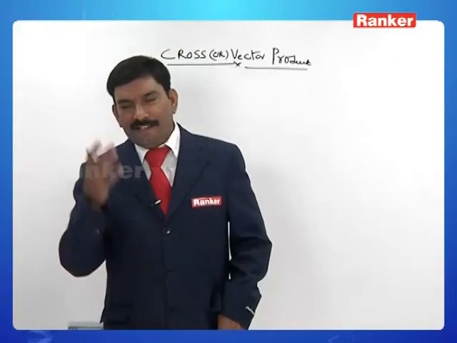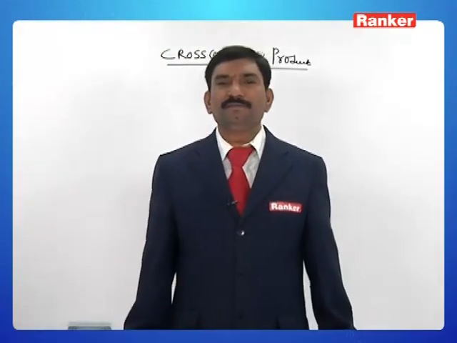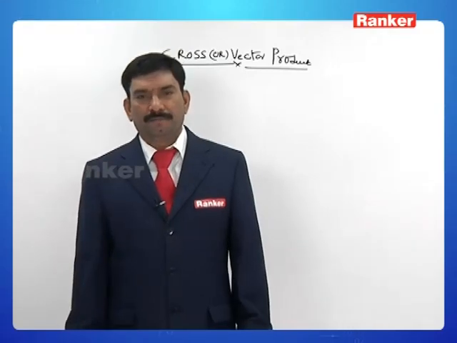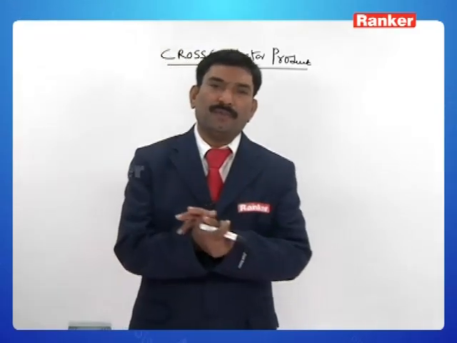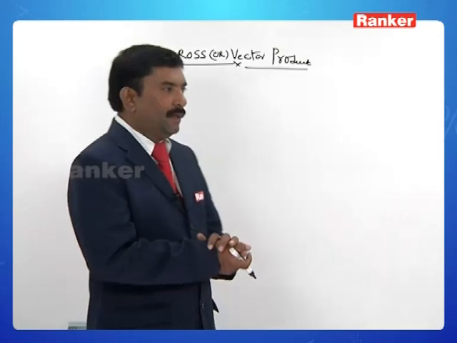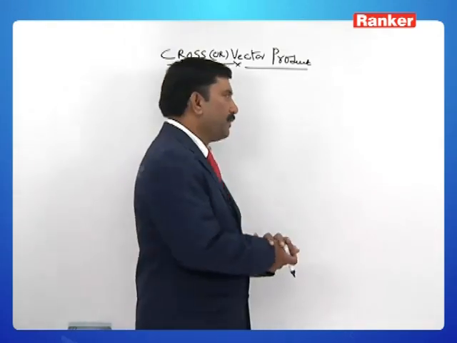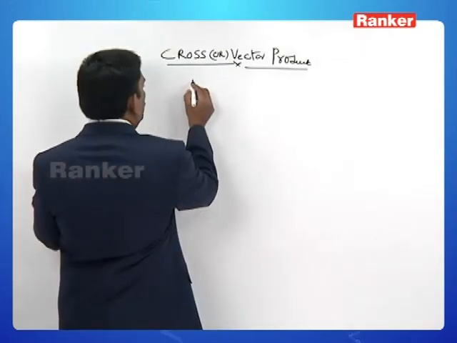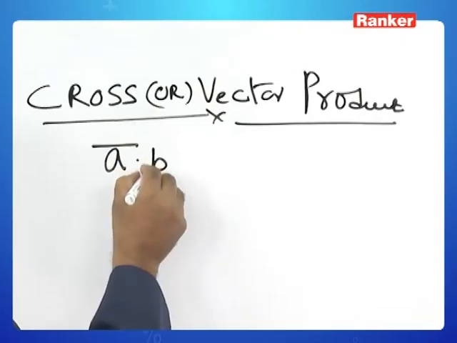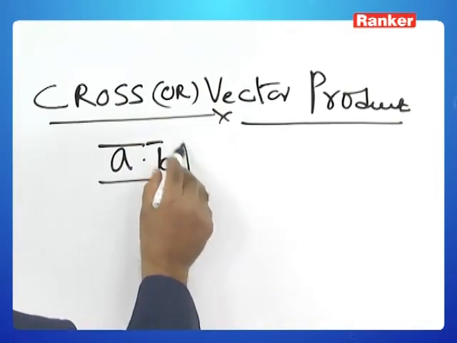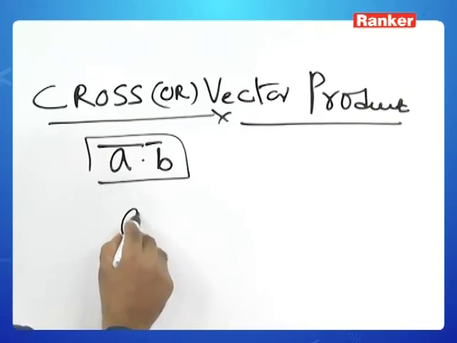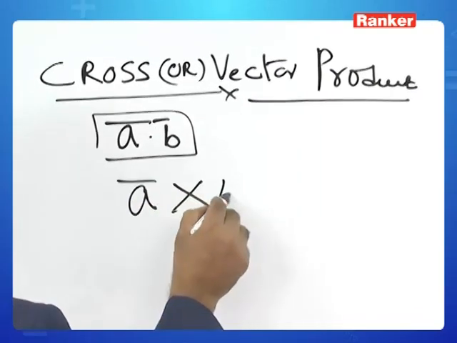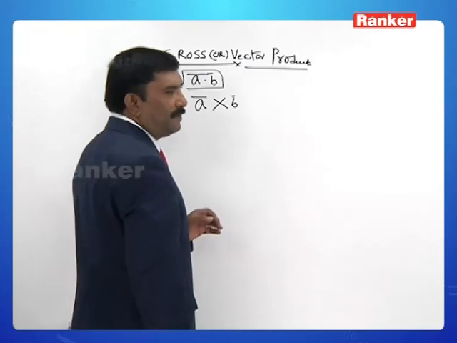Students, let us discuss the vector or cross product of two vectors. Earlier in the scalar product, we took the product between the two vectors as A bar dot B bar, but now we are defining A bar cross B bar.